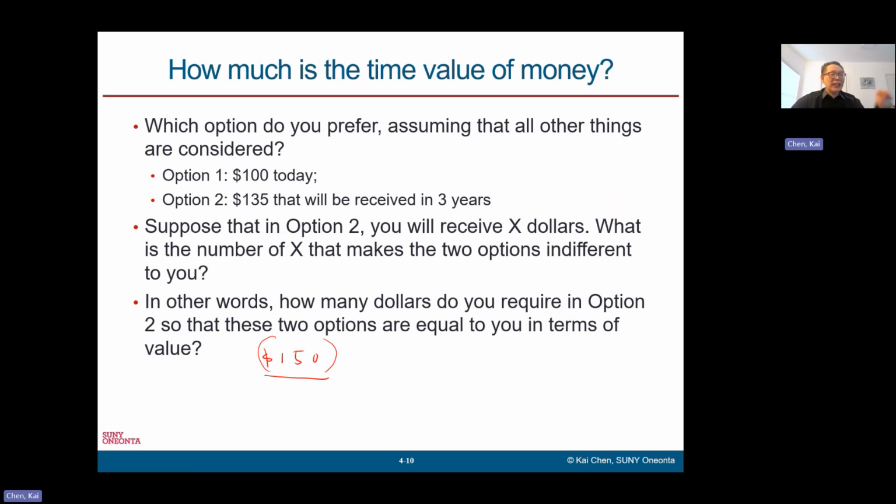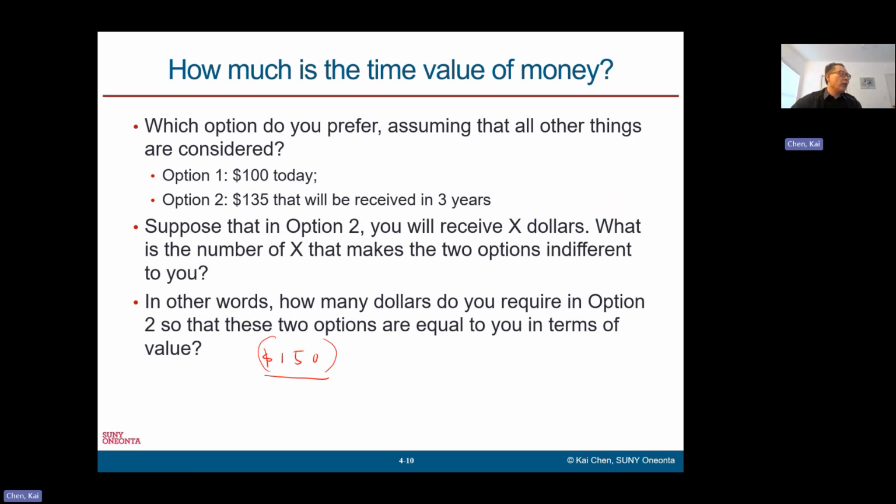This is an investment, and the value of your account will be growing, and the growth rate is the interest rate your bank offers to you, or the interest rate you are going to earn from your bank account. So everyone has an investment opportunity.